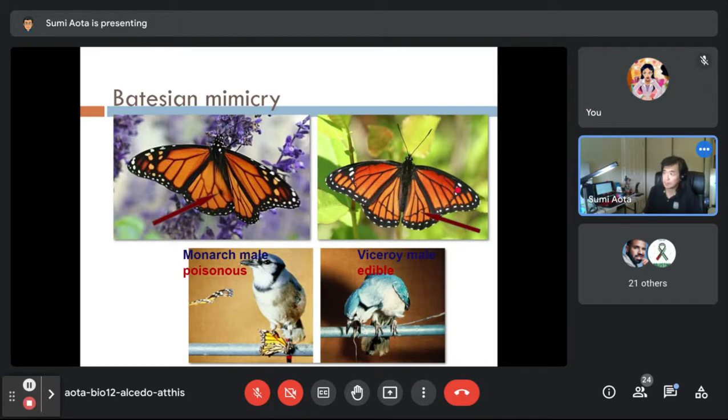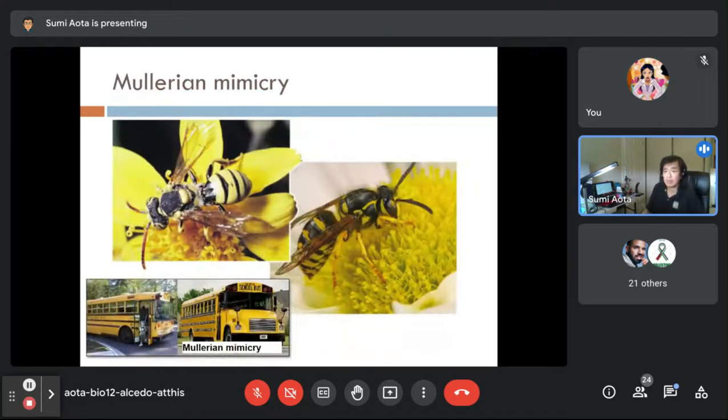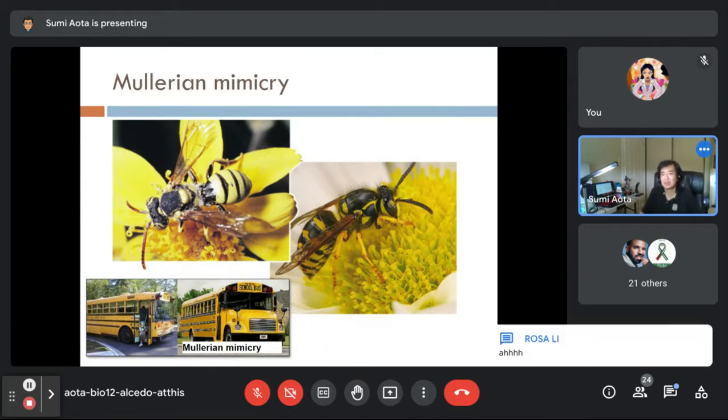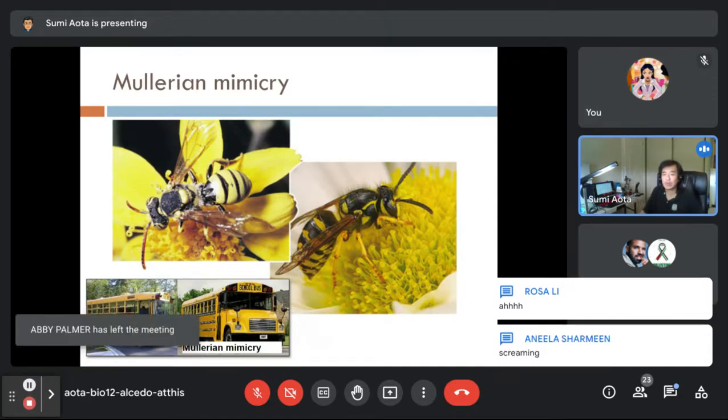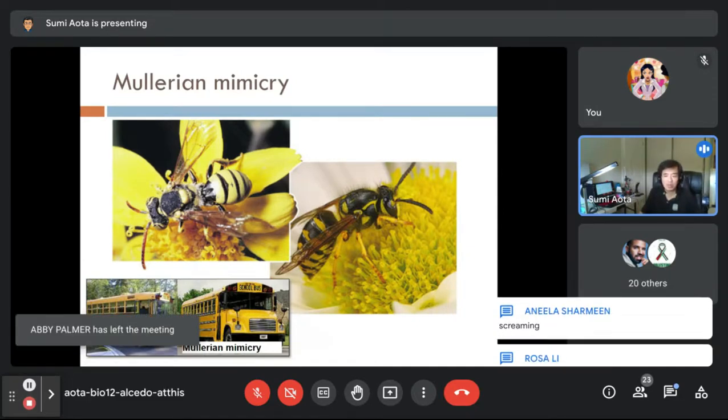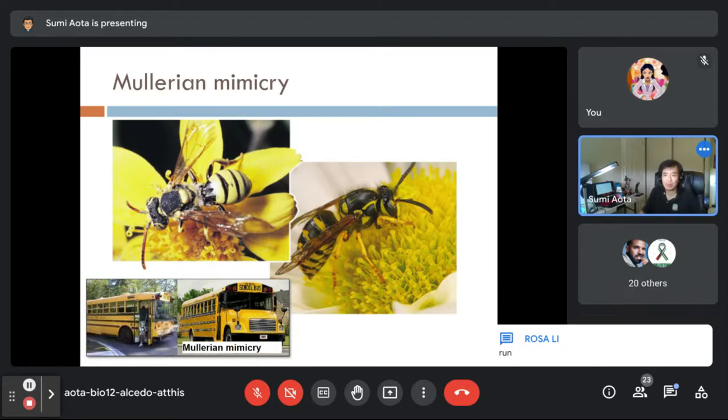Okay. The other type of mimicry, though, is Mullerian. And in Mullerian, both species are harmful. Okay. If in your biology class, you had a flying, buzzing, yellow and black insect come flying into the room, what's your response? Okay, but do you just sit still, or do you do what half the kids in my class do, which is start screaming, go running out of the room?